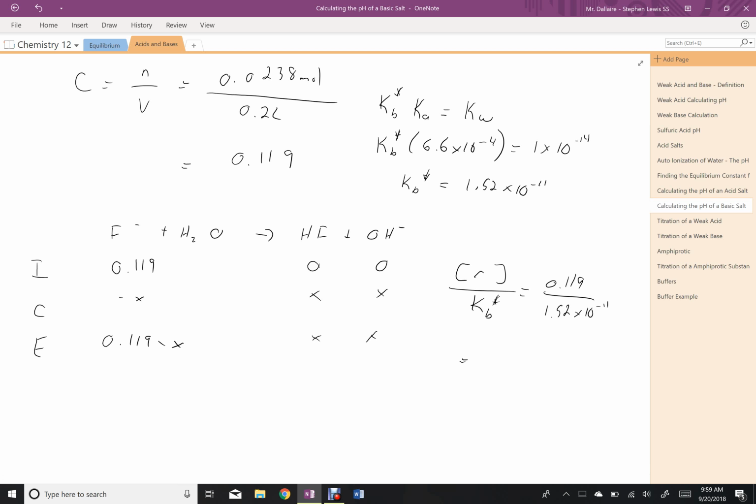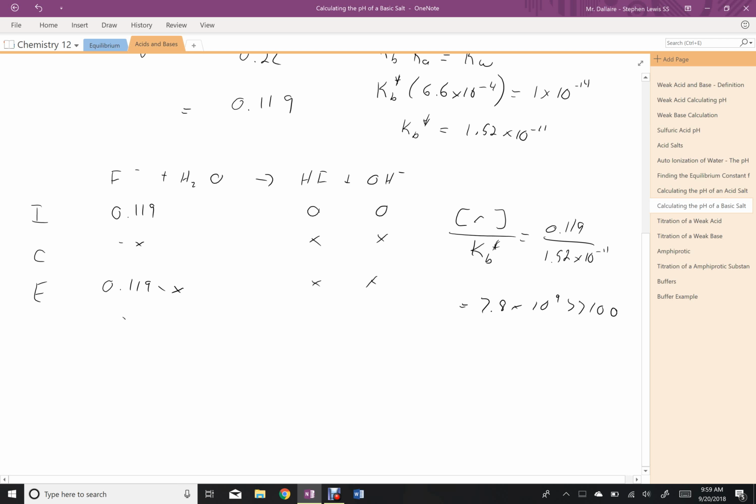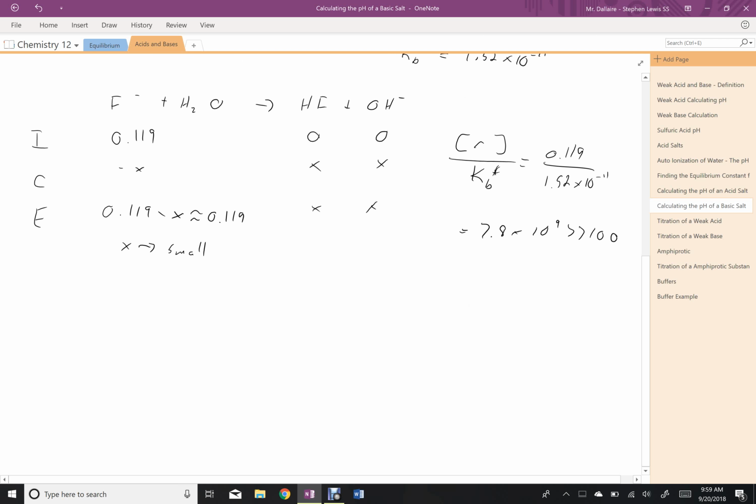So what do I got here? 7.8 times 10 to the 9. Doesn't matter, it's much bigger than 100. So this is almost certainly going to be a good approximation to say that x is small. And so this is approximately 0.119. I will check that at the end on the way by, but it's going to be good in this case.